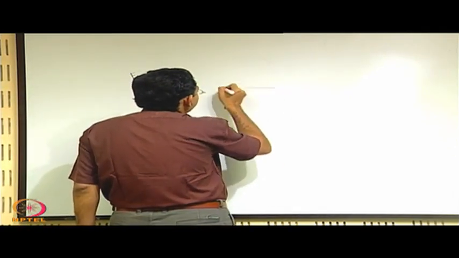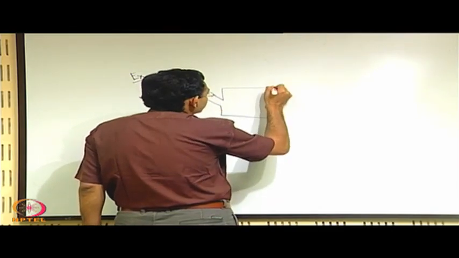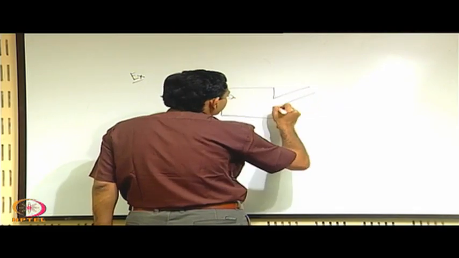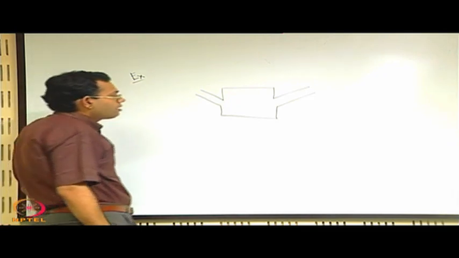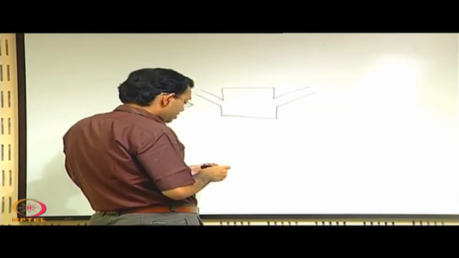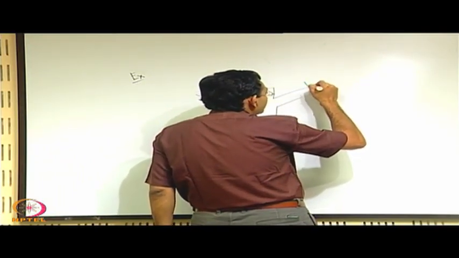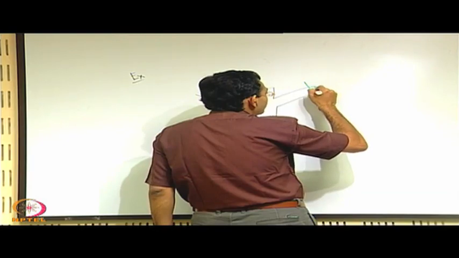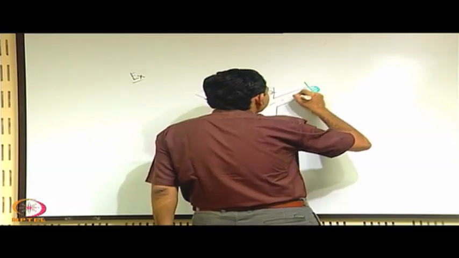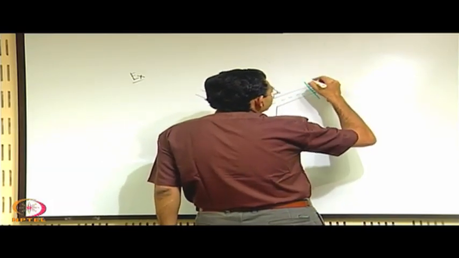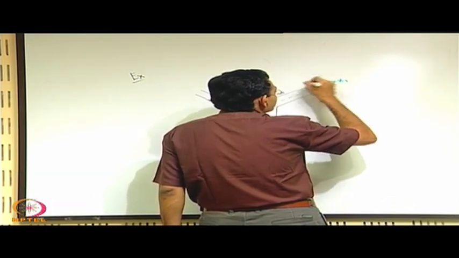Let us say there is a tank like this. The velocity profile at the exit of the tank, through this pipe, is given by this one, in terms of a local coordinate system. Let us say that the local coordinate system is x1 y1.